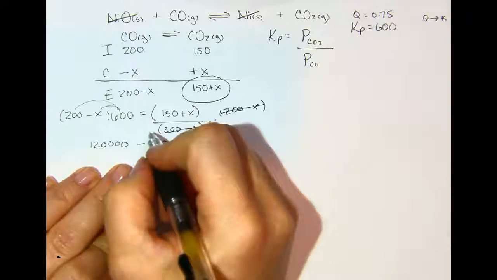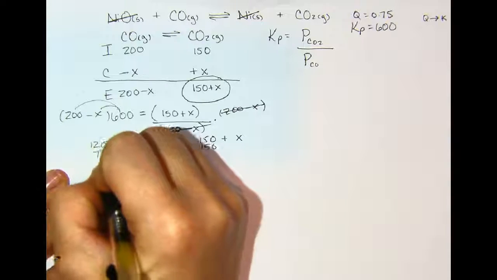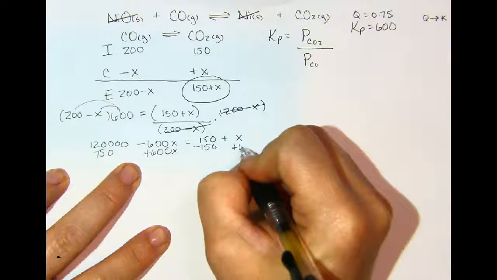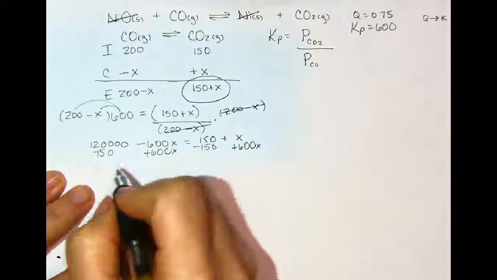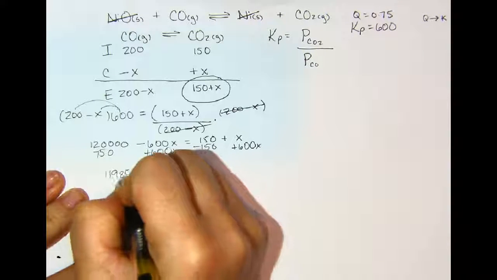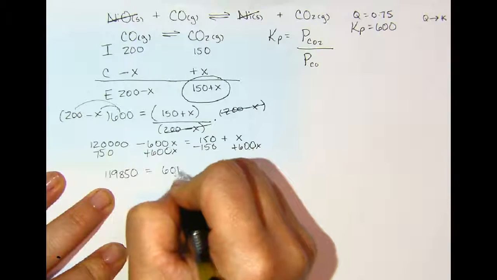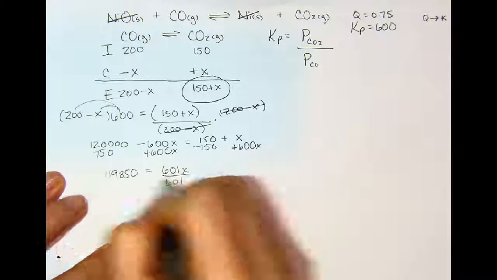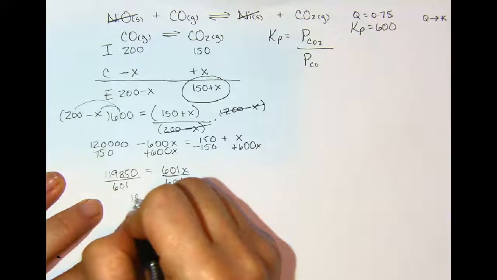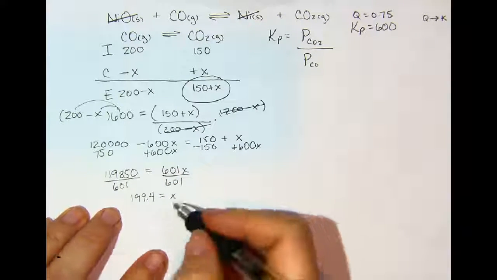I'm going to subtract 150 from both sides, and add 600x to both sides. Remember that this is minus 150, so 119,850 is equal to 601x. Divide both sides by 601, and we get an x equal to 199.4.